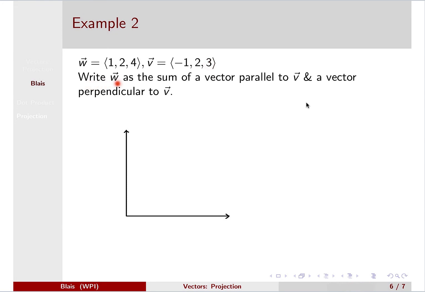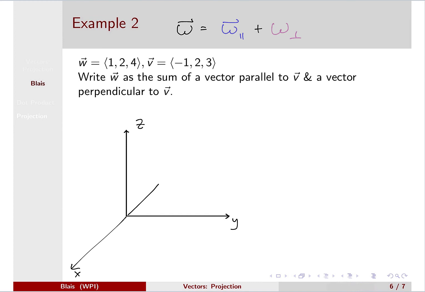In this problem, we're asked to write w as the sum of a vector parallel to v and a vector perpendicular to v. And so we're going to do this by saying w will equal, we'll call it w parallel, plus w perpendicular, or w perp.